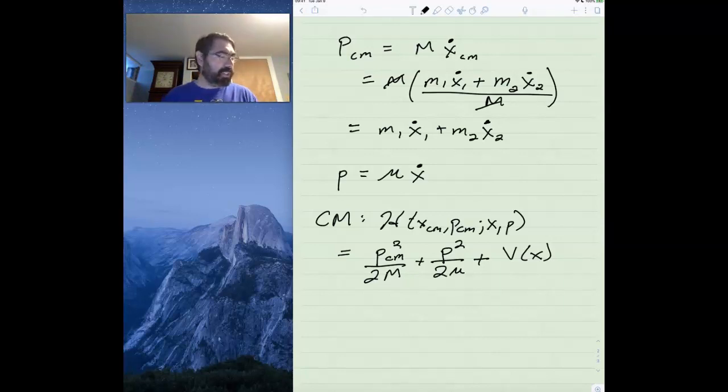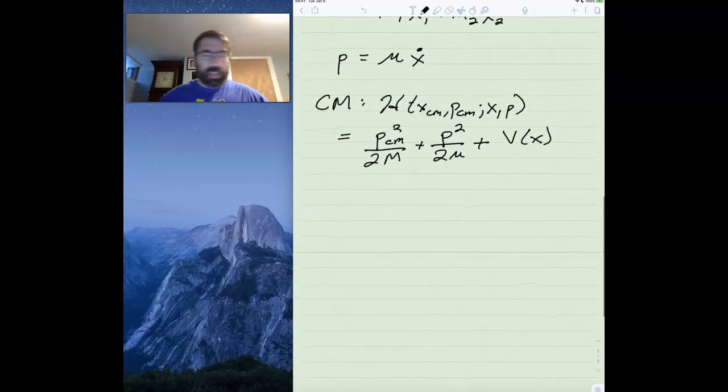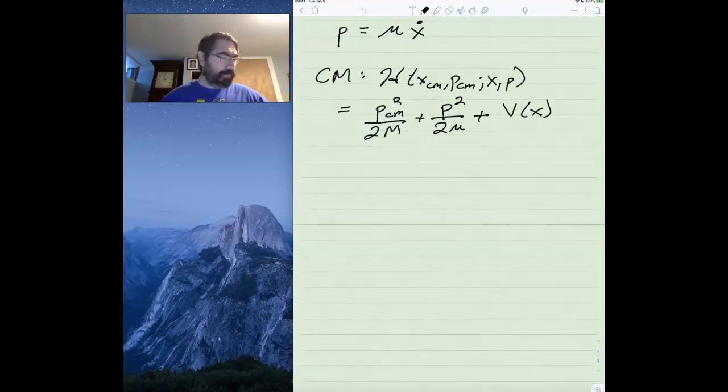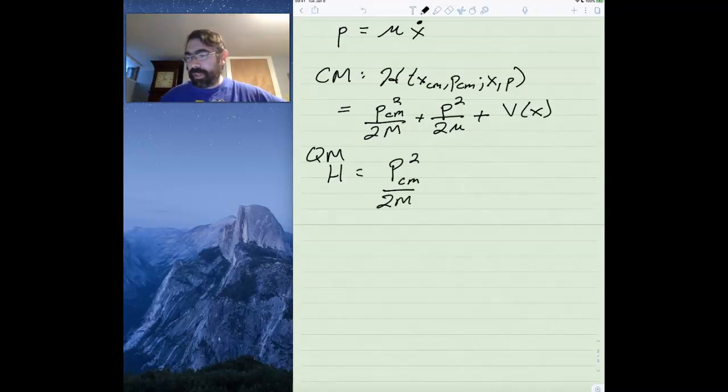Okay, so we need to quantize this. We need to change it over to a Hamiltonian for quantum mechanics. What we get is essentially changing our coordinates into operators. So the Hamiltonian in quantum mechanics would just be the momentum of the center of mass operator squared, divided by 2 capital M, plus the reduced momentum squared over 2 times the reduced mass.